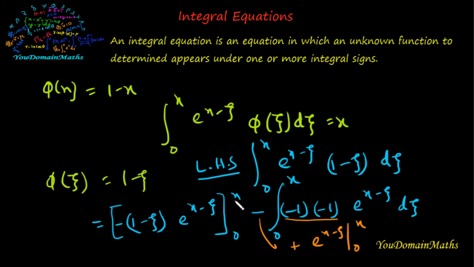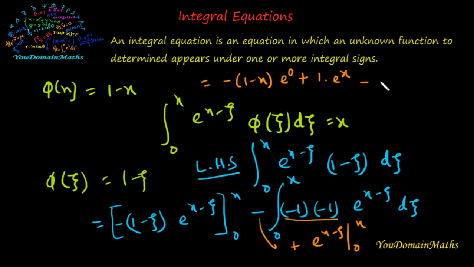Putting the upper limit xi equals x in these terms, we get minus (1 minus x) e to the power 0. And when we put xi equals 0, this is minus, but according to the rule there is another minus, so the two minuses make plus, so 1 and e to the power x.